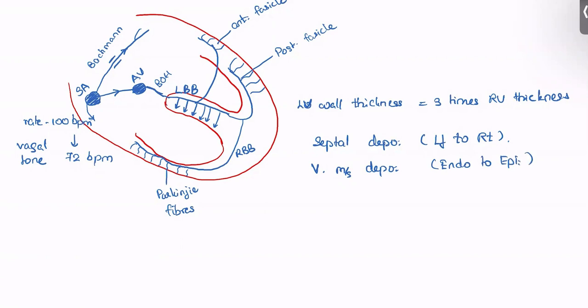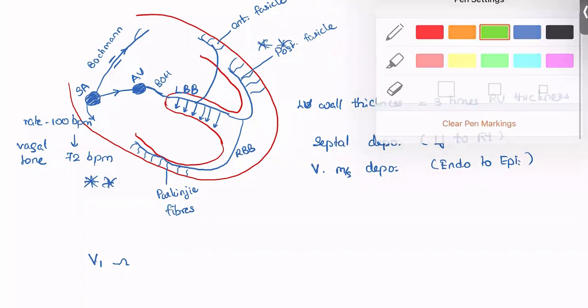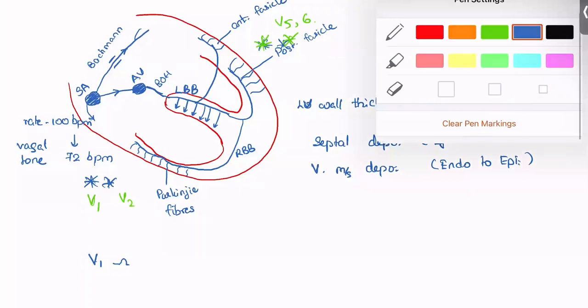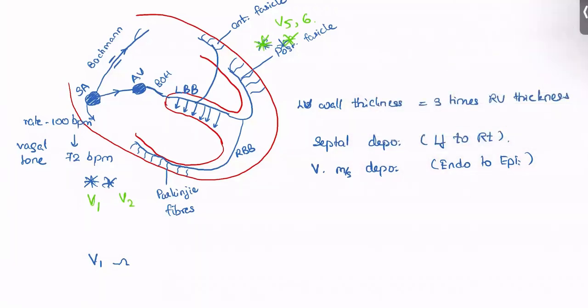Now, V1 to V6 are placed on the chest. V1 and V2 are on the relatively right side, and V5 and V6 are on the left side. In V1, at first, because septal depolarization comes from left to right, it is towards V1 and V2, so there is an upward deflection.